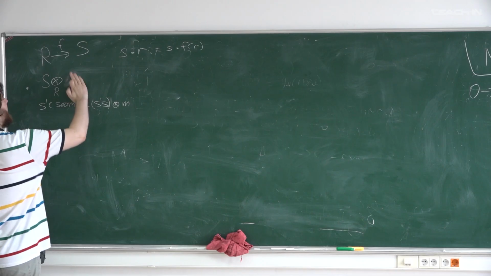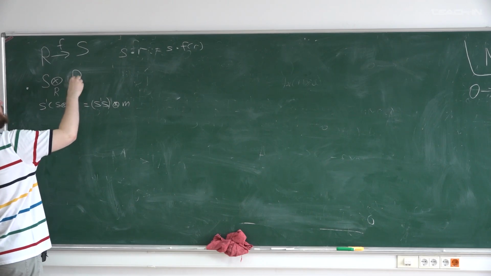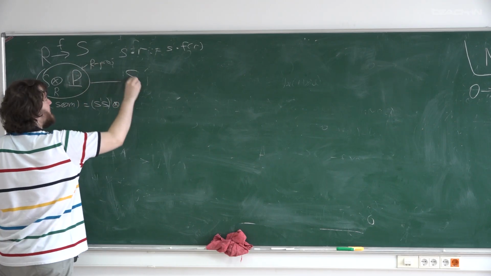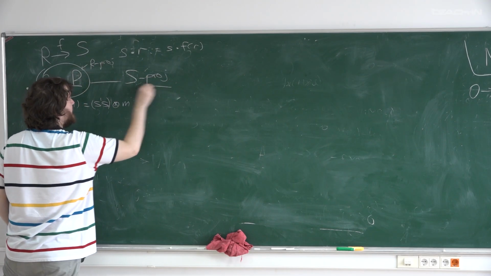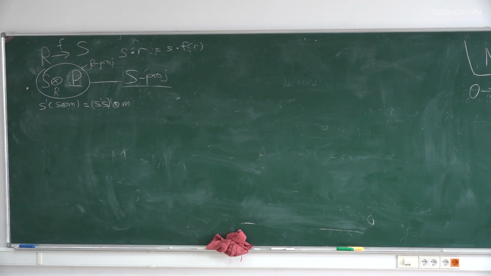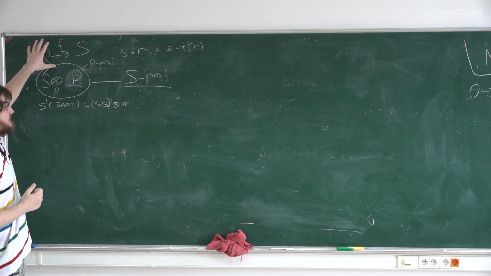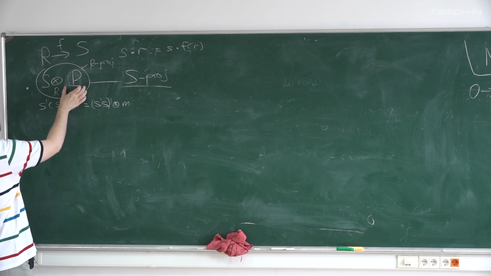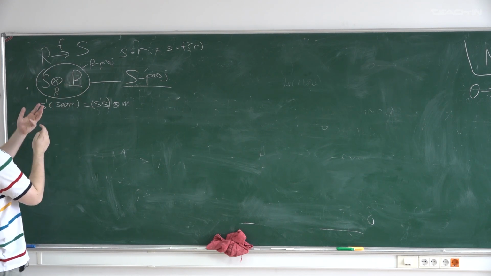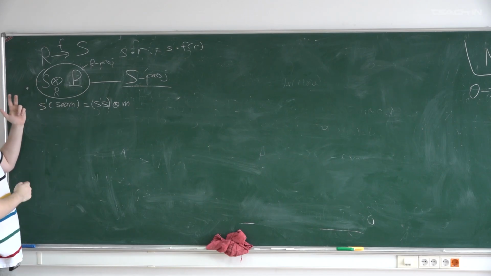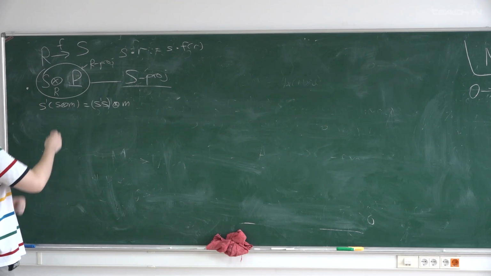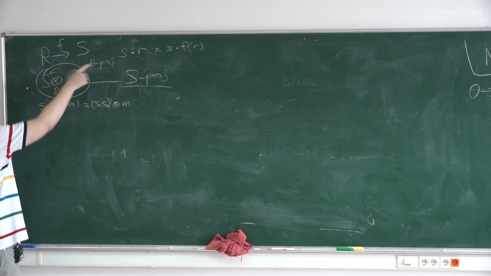So if I have a projective left R module, then this thing is S projective. For example, I have a homomorphism of rings. Then if I have a left R module, at first this tensor product is a left S module by this definition. I can construct this because I have a right R module structure on S by this definition.